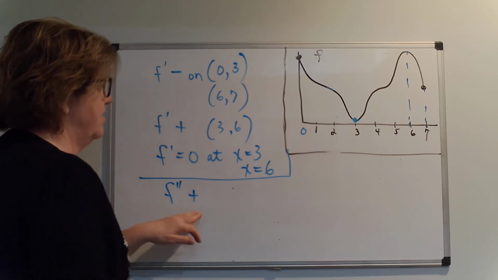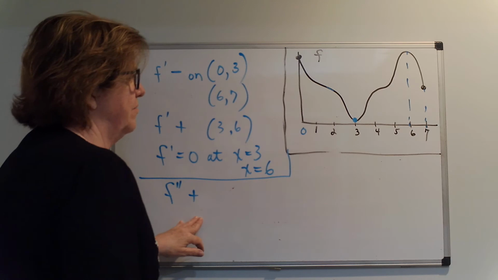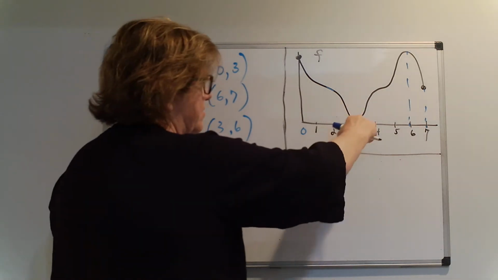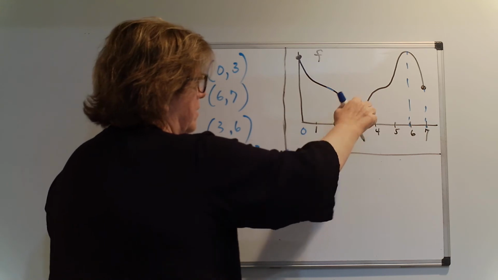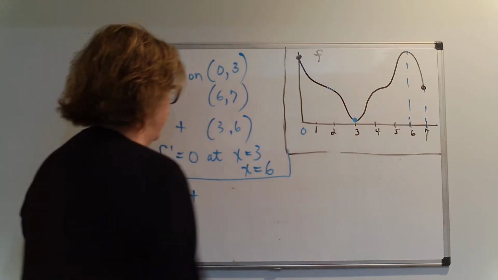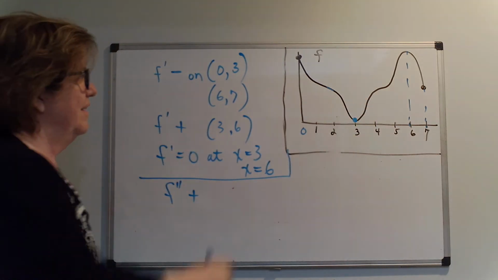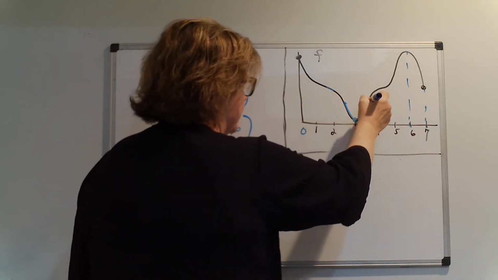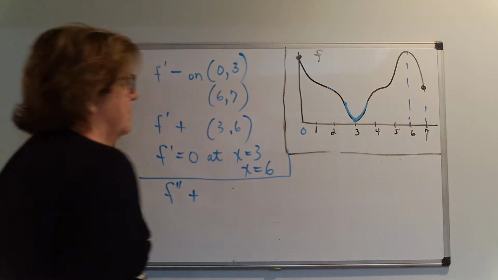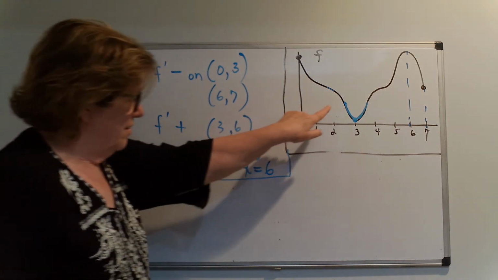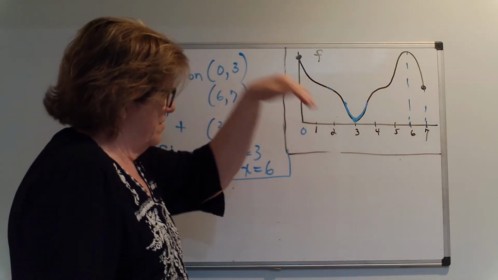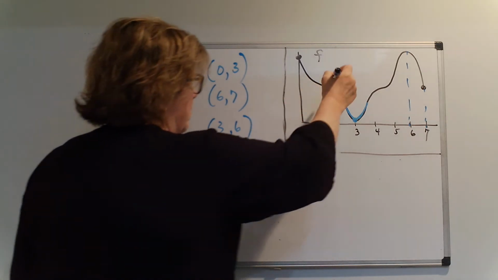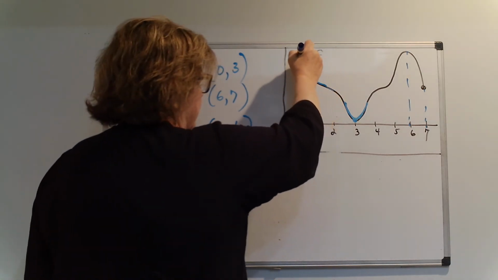Let's try to see where the function's concave up. Here it's definitely concave up, right? That looks concave up. There that looks concave down, right? Then somewhere along here it comes back to concave up.